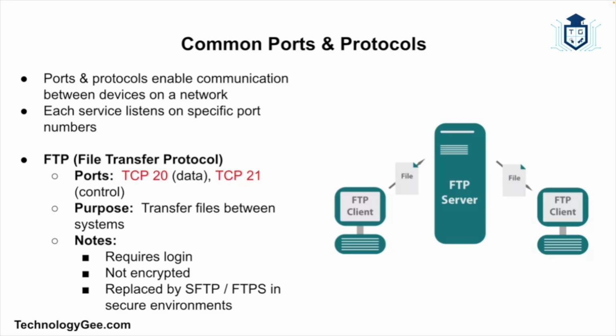The first one is File Transfer Protocol, or FTP, which uses TCP port 20 for data and TCP port 21 for control. Its purpose is transferring files between systems. FTP requires authentication and supports multiple file operations. However, it is not encrypted by default, which is why secure alternatives like SFTP or FTPS are often preferred.